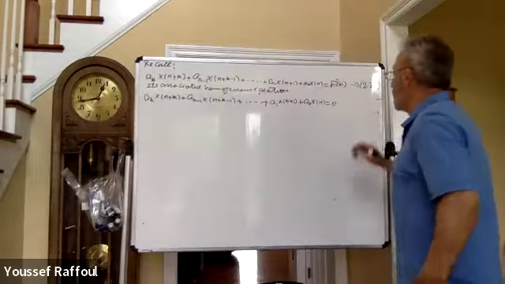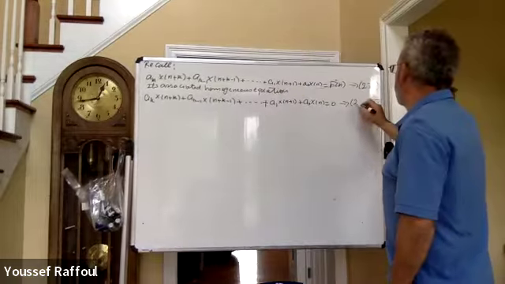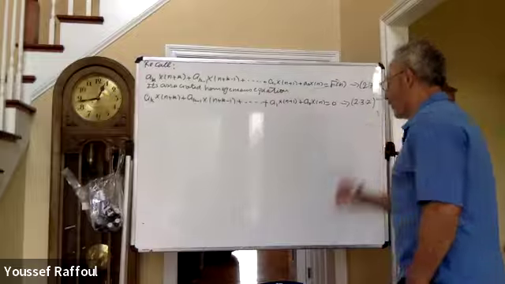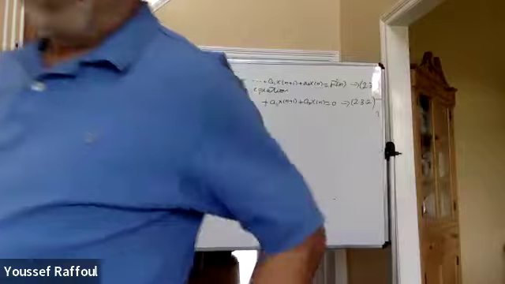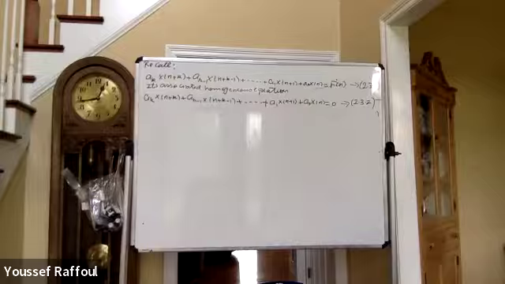So this is the associated homogeneous equation 2.3.2. Okay.